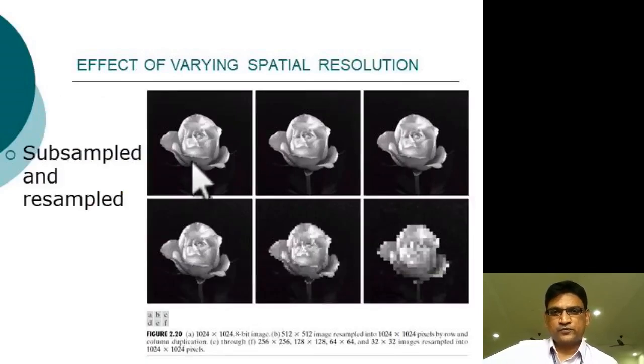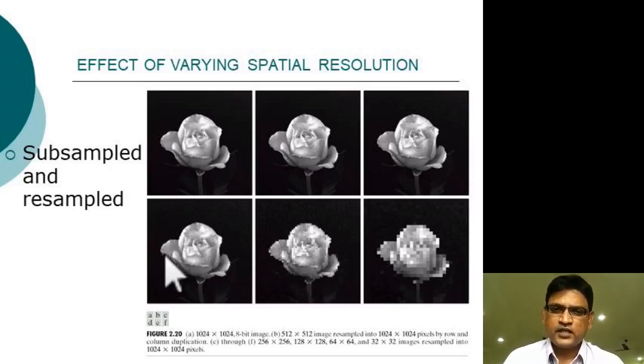Here we can observe there is not much difference between this one and this one. But when the size goes down to 64, 32 and something below that, we can observe some square-like structures. Wherever there is a sharp detail, there we have a square value. So this is the effect of reducing the size of the image, keeping the gray level constant.